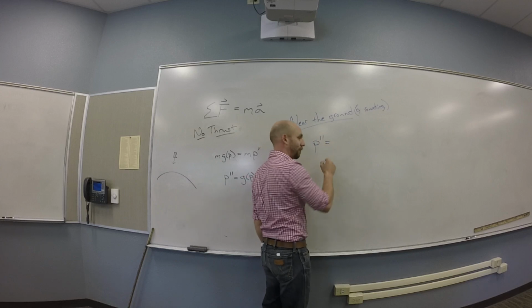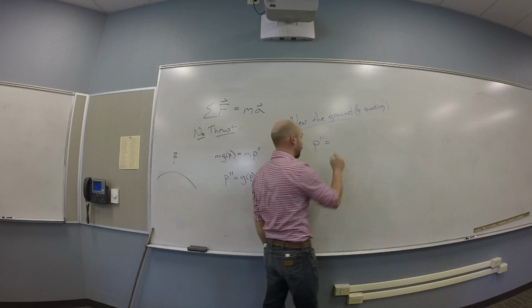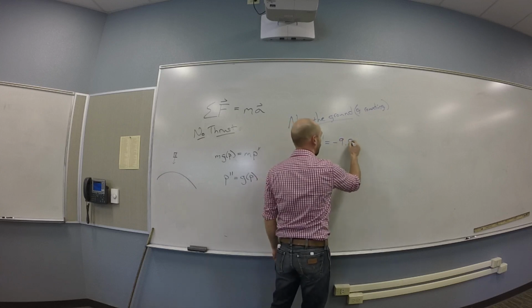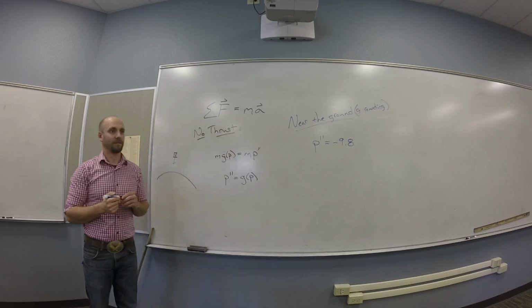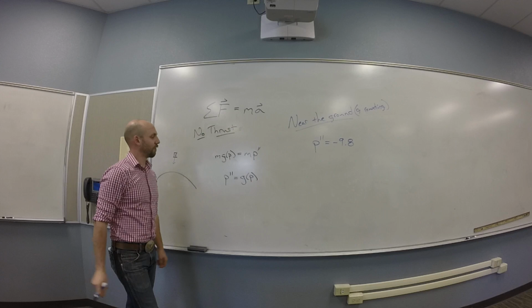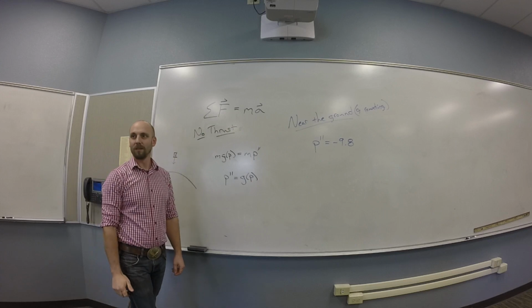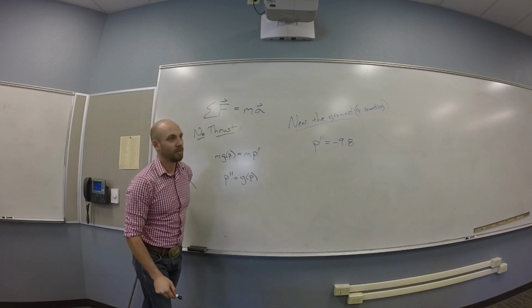Yeah, p double prime is a constant, specifically in the usual unit system, minus 9.8 meters per second per second. You with this? Okay. How do you solve that differential equation? Integrate twice. Yeah, just integrate twice.